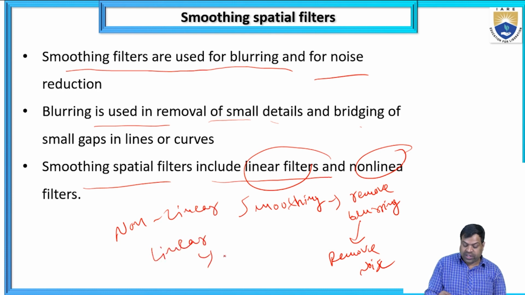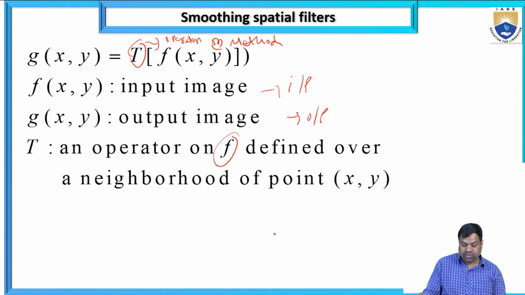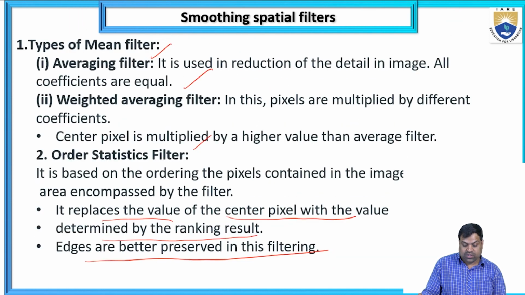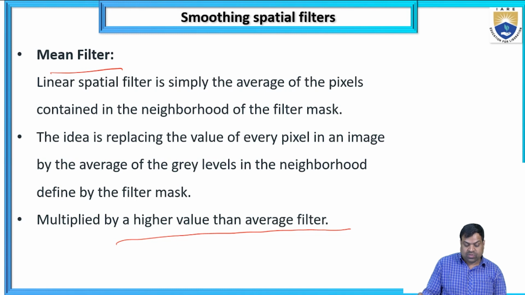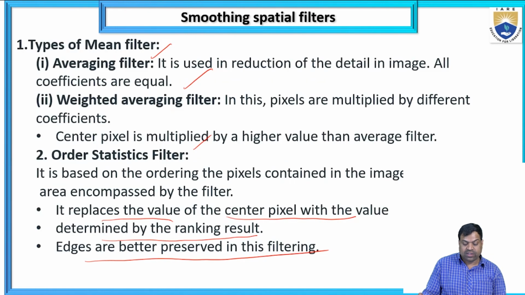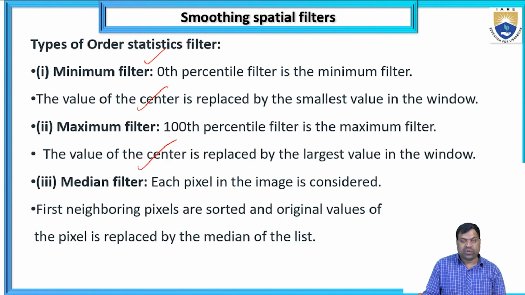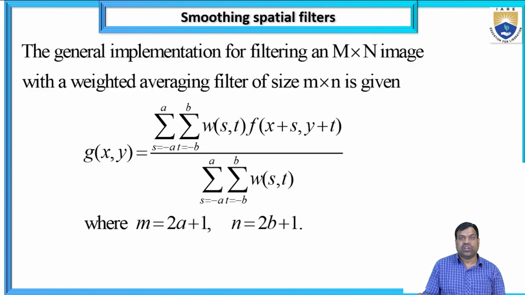In the linear filters, two types are there; in the non-linear filters, three types are there. So the mean filter is a linear filter; the average filter and weighted average are the types of linear filter. Non-linear is the order statistic: minimum filter, maximum filter, and median filter.